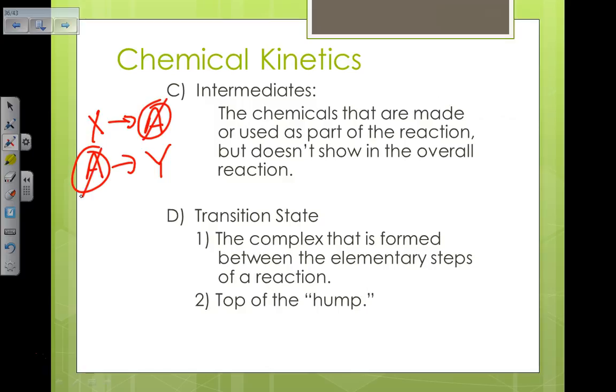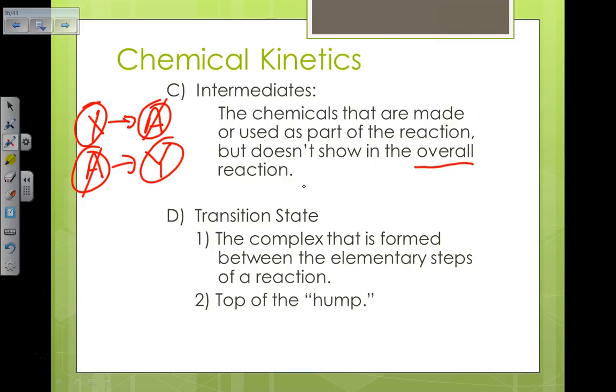We don't see A as a reactant, nor do we see A as a product in the overall reaction, but it is formed. And so an intermediate is that thing that is formed but then used up immediately afterwards. That's what we mean when we say it doesn't show in the overall reaction.